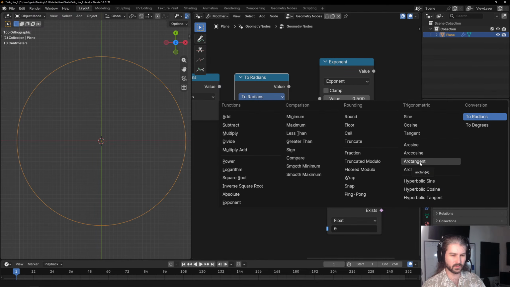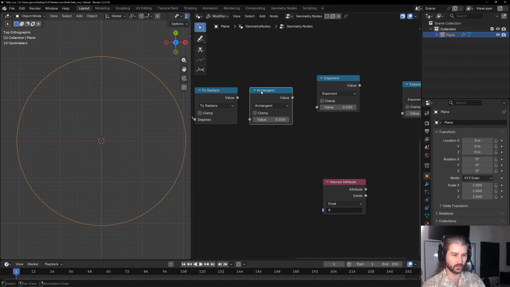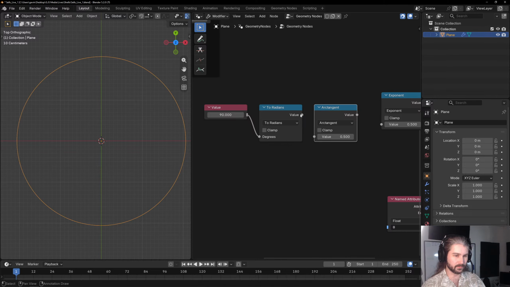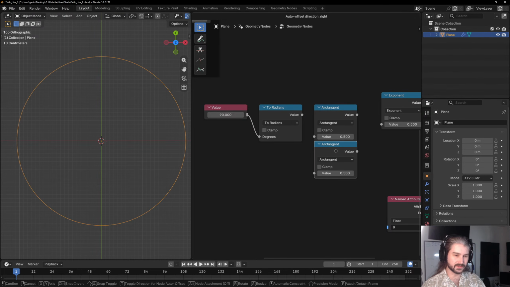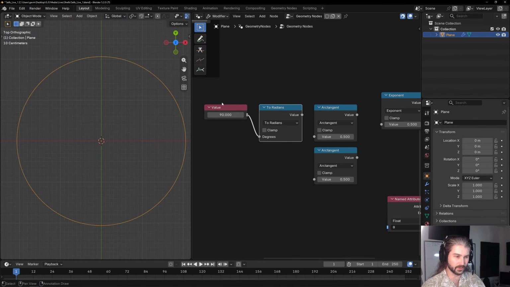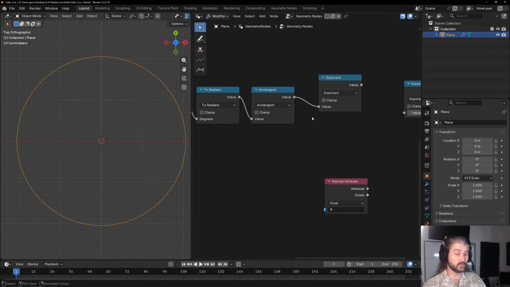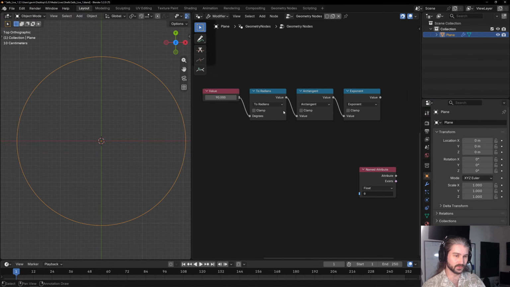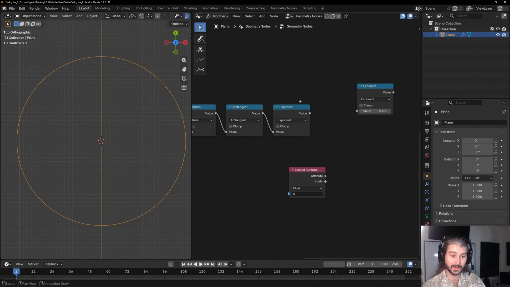I swear that wasn't a thing when I did this before. Maybe I'm just misremembering. What I have in my notes is that I took 1 over the tangent of this function. But we'll see if this works. And if not, we'll switch it back over to the way that I have it in my notes.